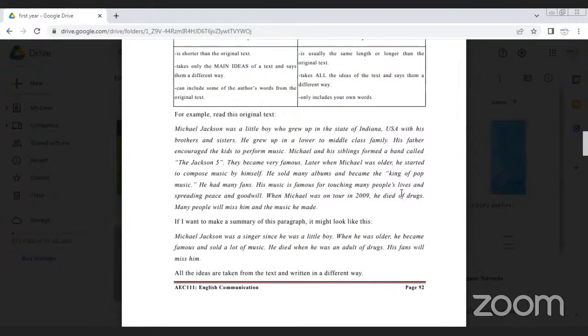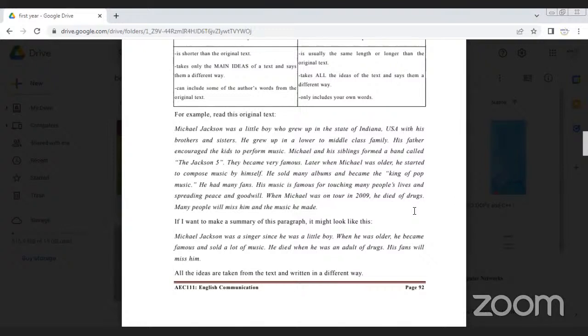Michael Jackson was a little boy who grew up in the state of Indiana, USA, with his brothers and sisters. He grew up in a lower to middle class family. His father encouraged the kids to perform music. Michael and his siblings formed a band called the Jackson Five.